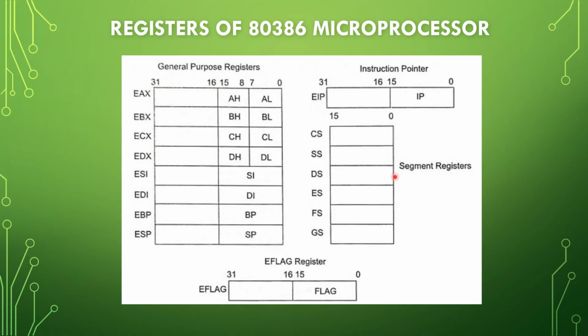And the segment register has bits 0 to 15, which means a total of 16-bit segments, which include CS, SS, DS, ES, FS and GS, right?